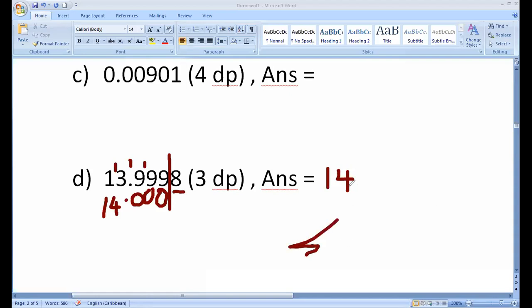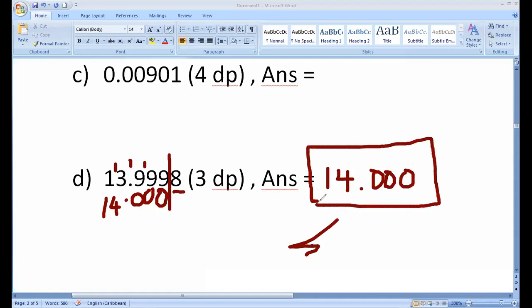The point is not working, so it will be 14.000. And that's the answer.